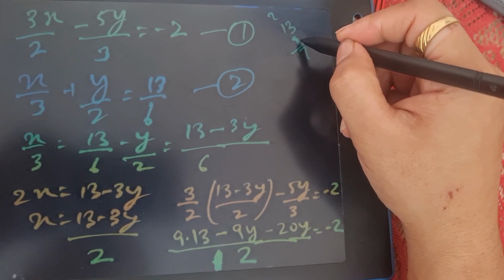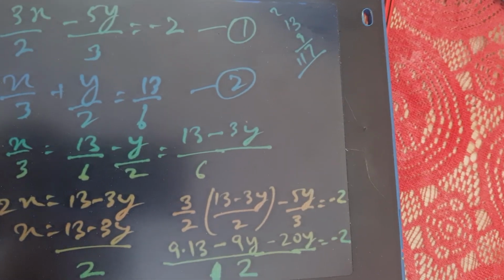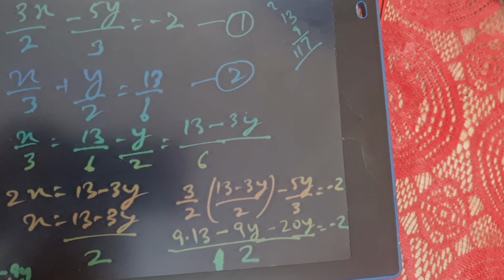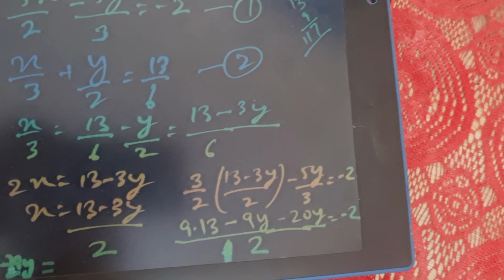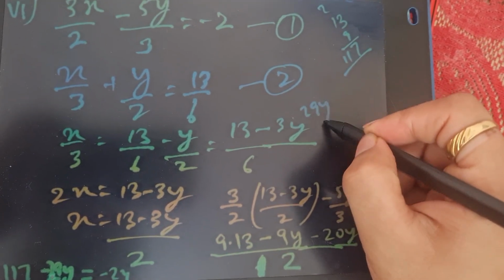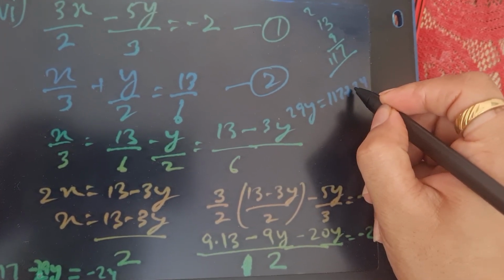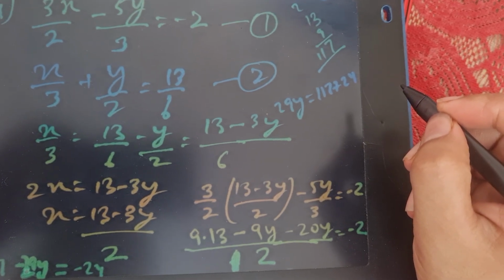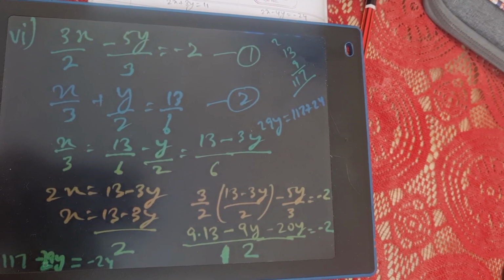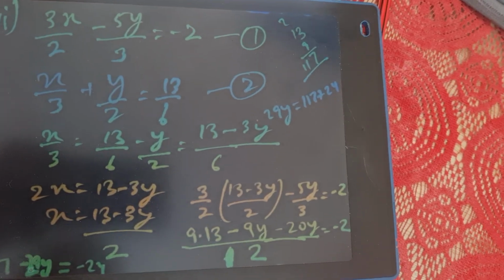So 13 into 9, 27, 9 ones are 9, 10, 11, 117. So 117 minus 29y is equal to minus 24. So 29y is equal to 117 plus 24.